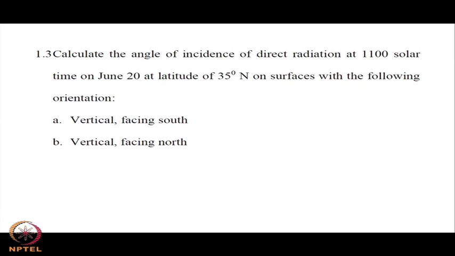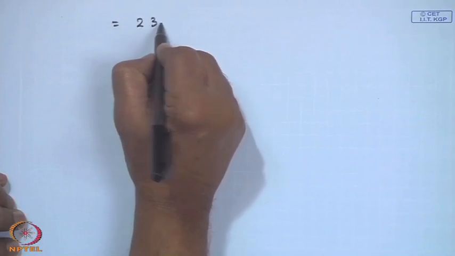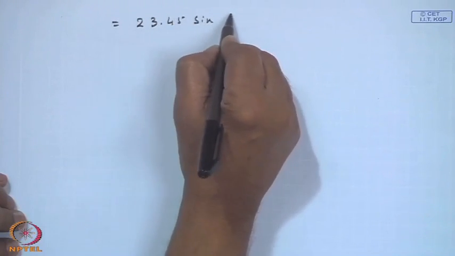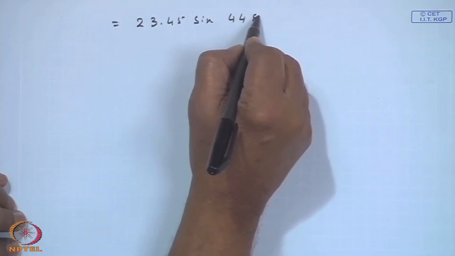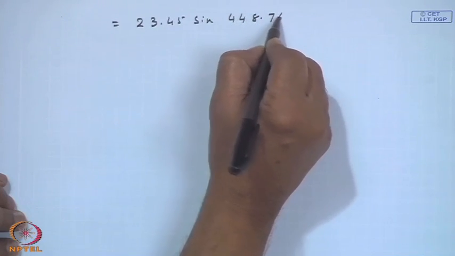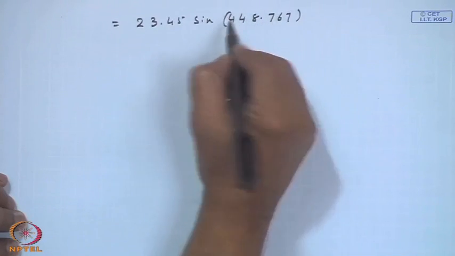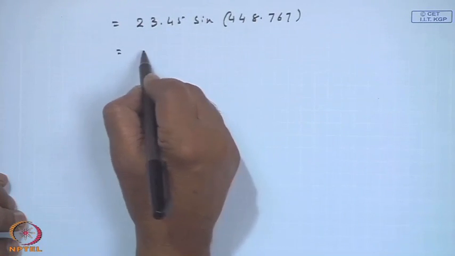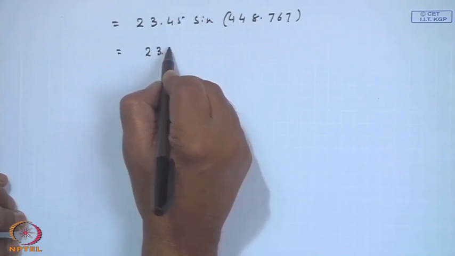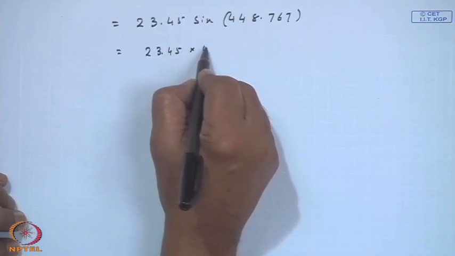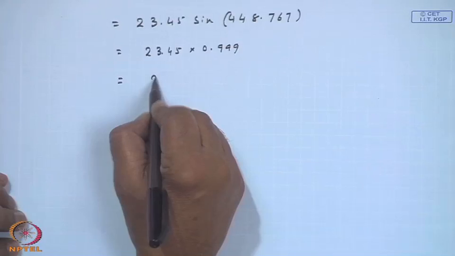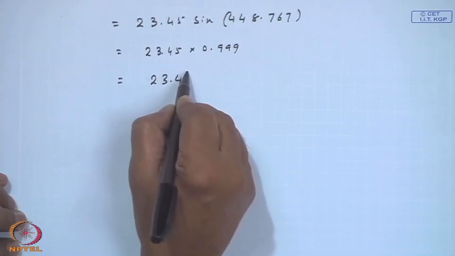So, this turns out to be 23.45 sine 448.767, it's a large number, you can calculate it, equals 23.45 into 0.999, equal to 23.4 degrees.